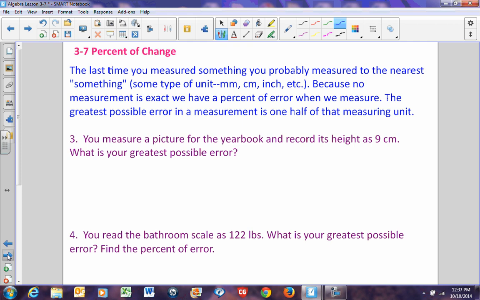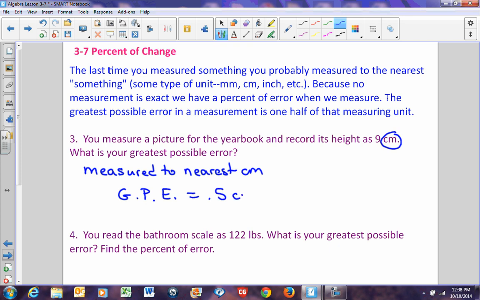We measured to the nearest centimeter, so our greatest possible error is 1/2 of a centimeter. Not 1/2 of 9 centimeters, 1/2 of the measuring unit. I like to abbreviate greatest possible error as GPE, which is equal to 0.5 centimeters. So we are off by, at the most, 1/2 centimeter.